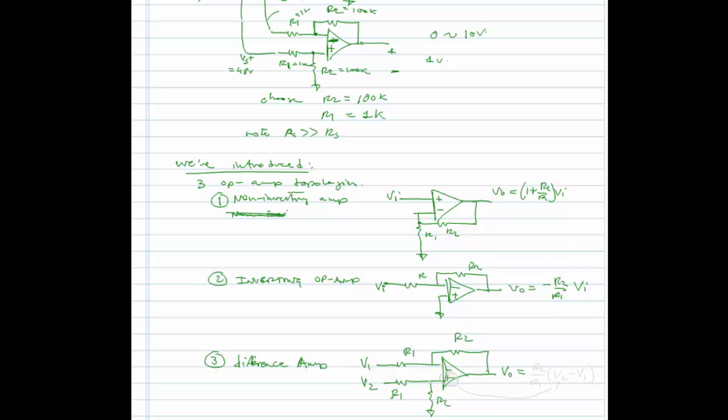And VO is equal to R2 over R1 times V2 minus V1. Now you might wonder, how do you know if it's V2 minus V1 or V1 minus V2? That's easy to determine, because the one that goes first is the signal that's going into the positive terminal ultimately. Although it's going through a resistor, it's going to the positive.